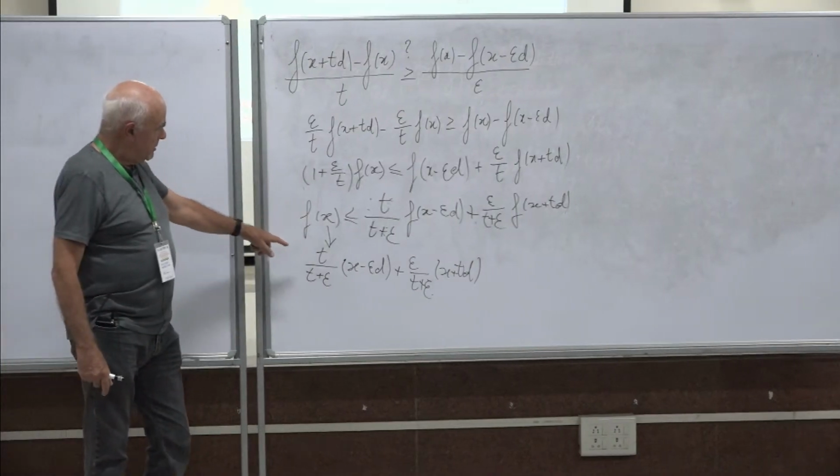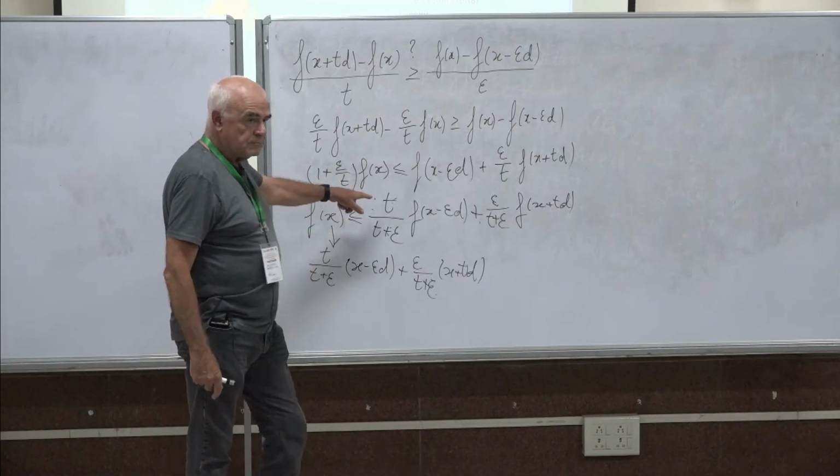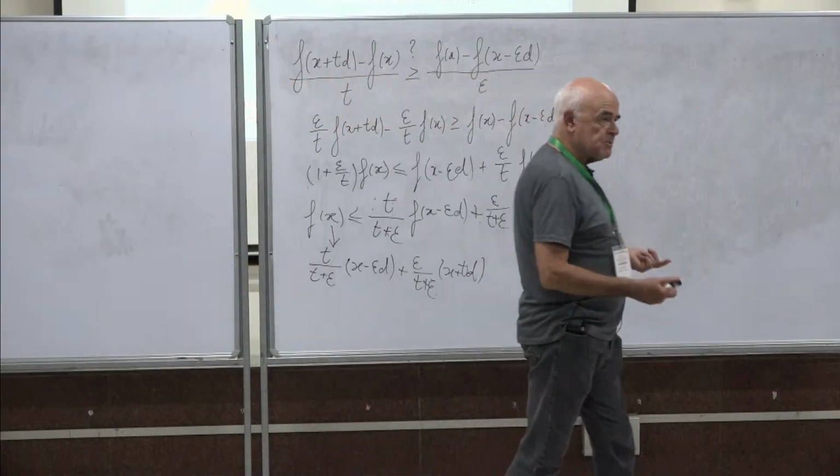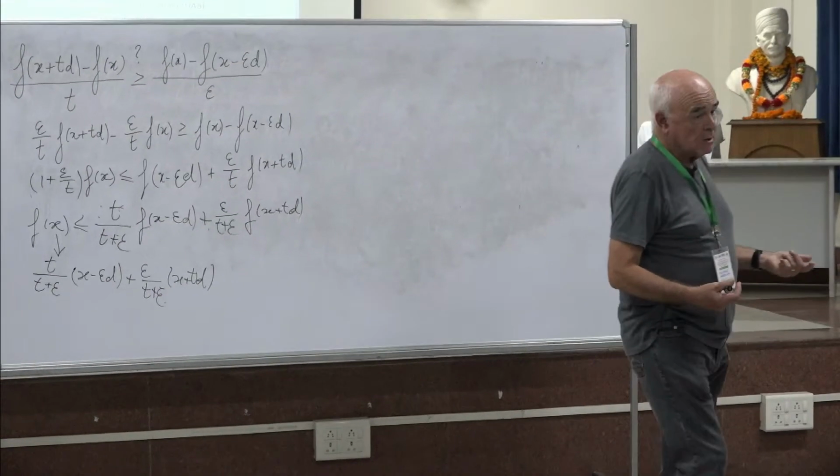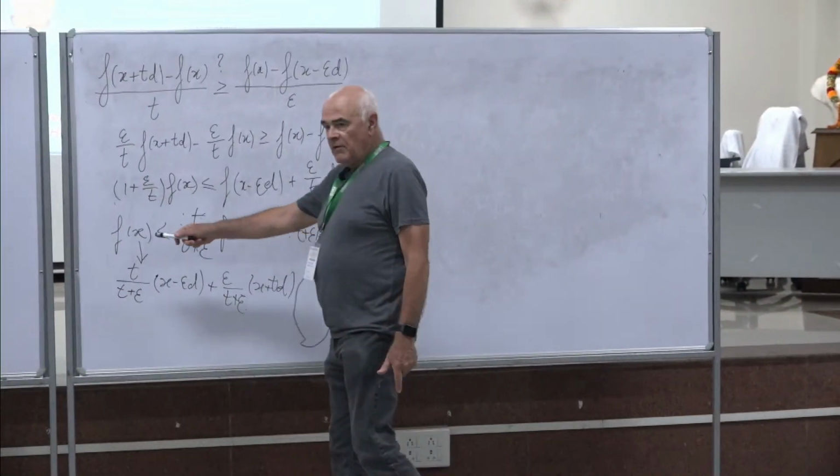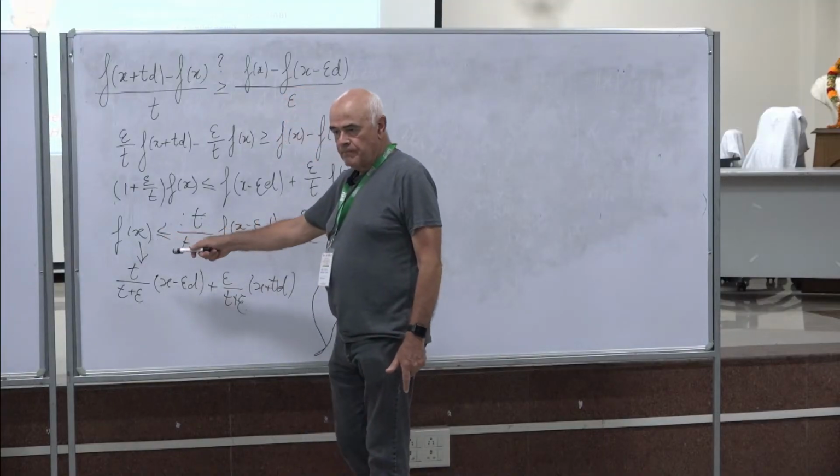So these coefficients, T over T plus epsilon and epsilon over T plus epsilon, are non-negative, because both T and epsilon are non-negative, and their sum is equal to 1. So what I have here is f of a convex combination.